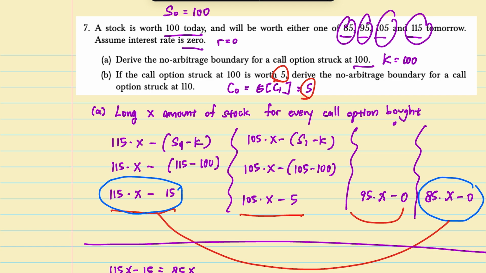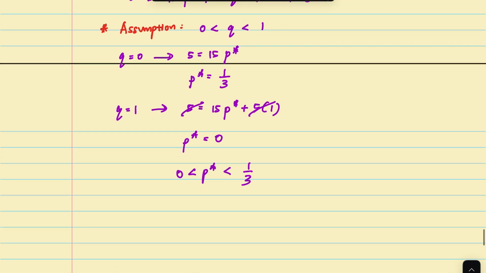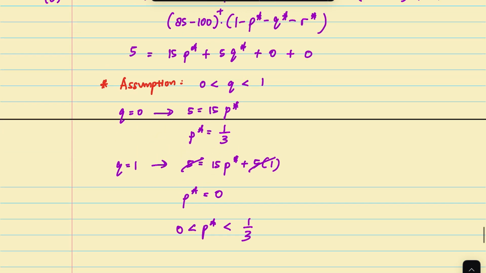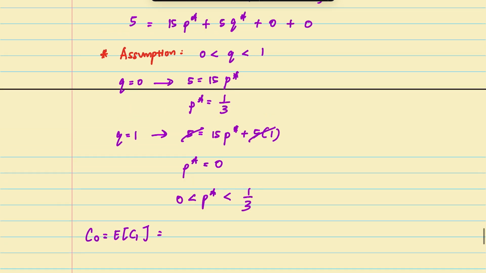The question asks us to derive the no-arbitrage boundary for a call option struck at 110. We need to repeat the formula to find the call option value.